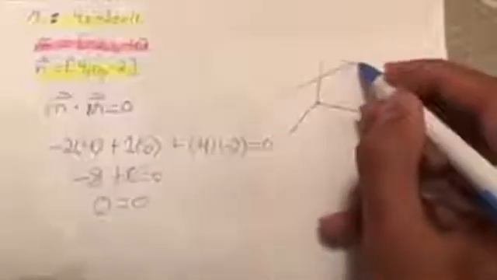What this means is, if I had a plane here, and let's just say this was the m vector, and this was the n vector, this equation states that the m and n vectors are orthogonal to one another, which means they are perpendicular to one another.